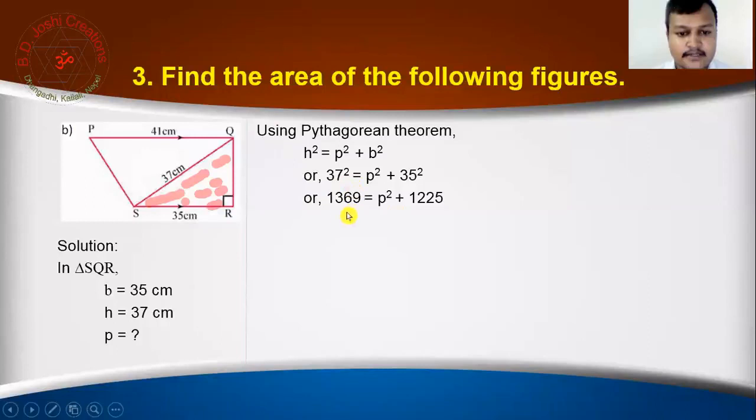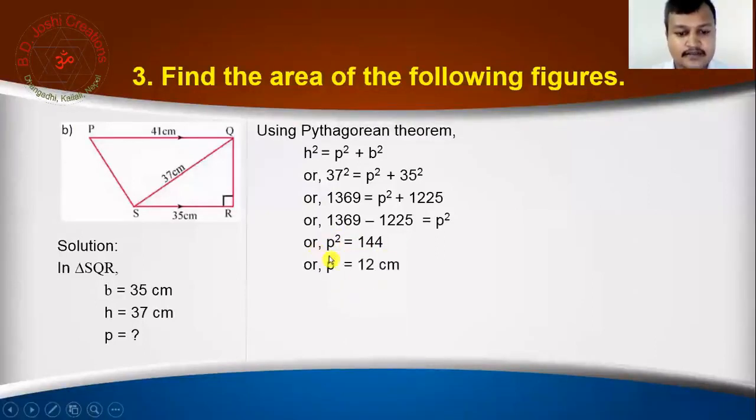Now, the square of 37 is 1369, and P square remains as it is. The square of 35 is 1225. Now after this, take this 1225 to the left side and subtract it from 1369 to get the value of P square. So P square is 144. To find out P, we have to take the square root of it, and the square root is 12.